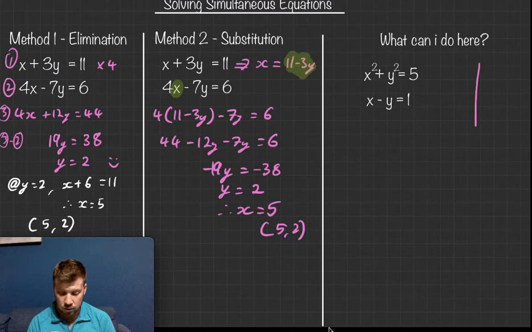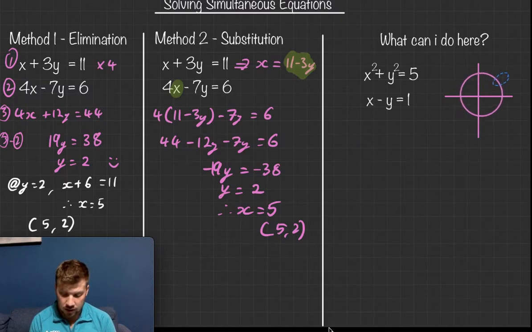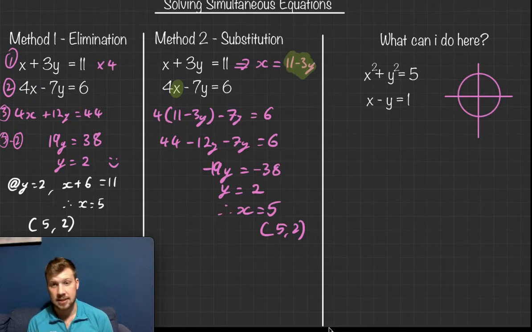So I'm going to have my axes, and a circle which should be centred around the origin. And then I'm going to have another line which is going to intersect it. It's going to look something like this maybe, and we just need to see what these points are.